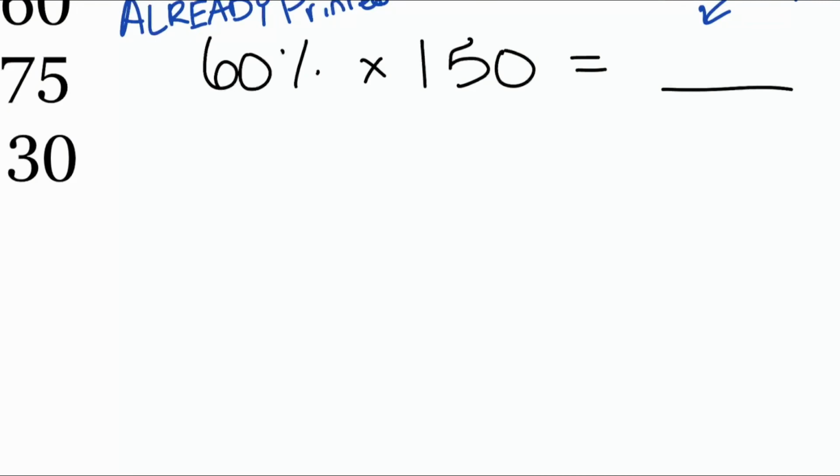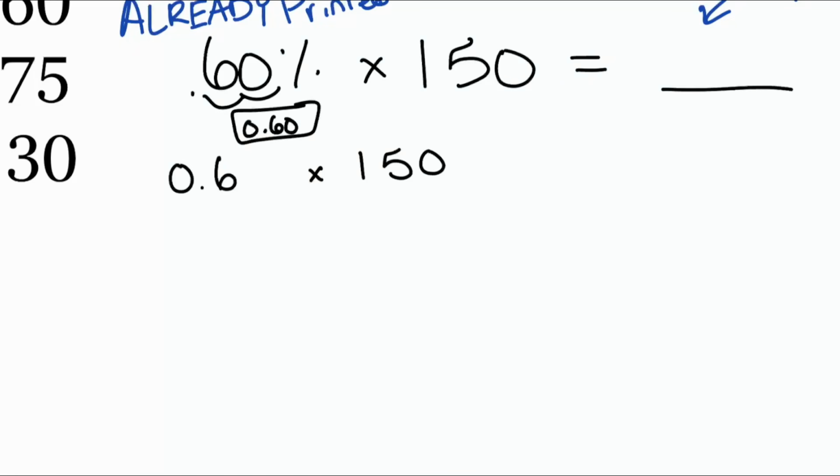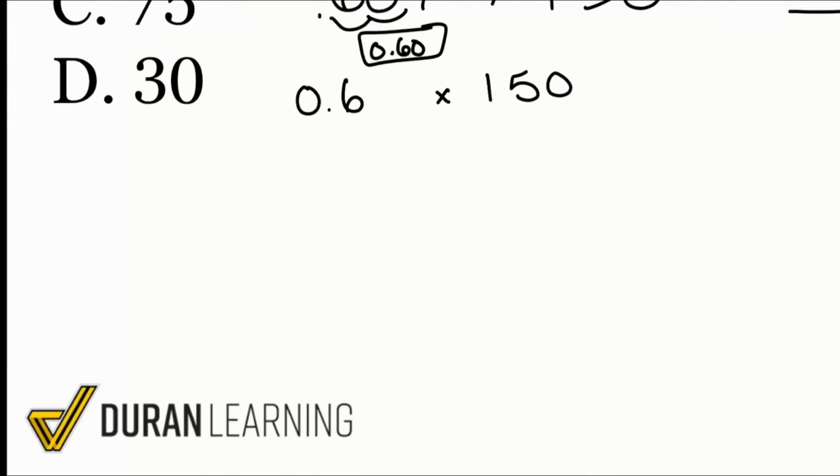So the 60%, two decimal places over, that'll end up being 0.6 or 0.60. They're the same thing, everybody. But we have 0.6 times 150. Once we perform this calculation, we're going to end up having 150 multiplied by 0.6.